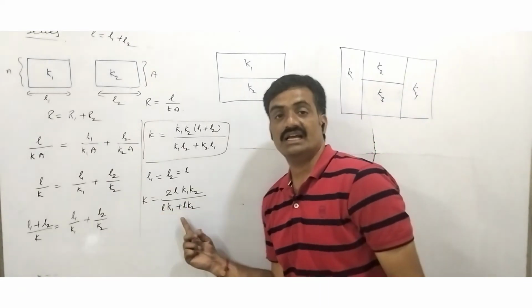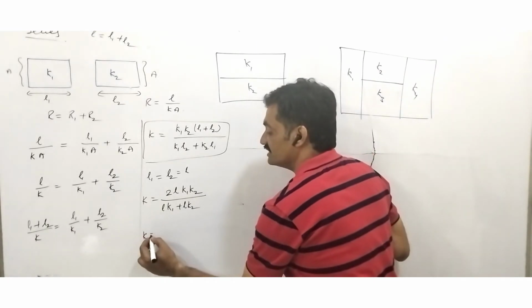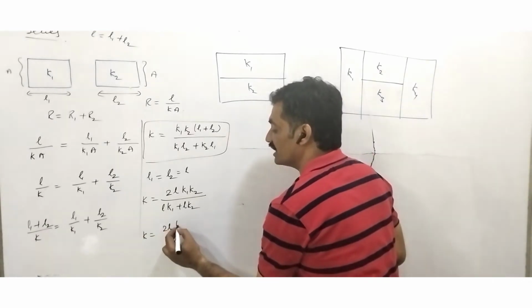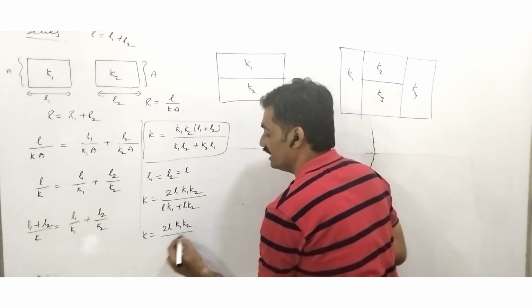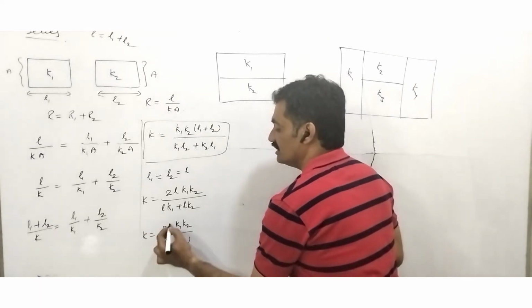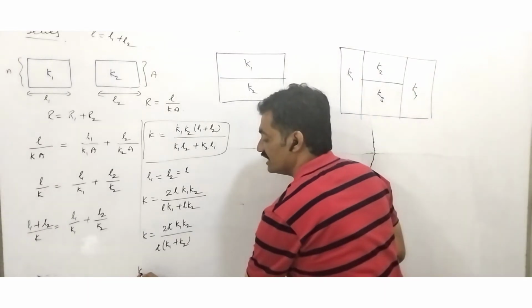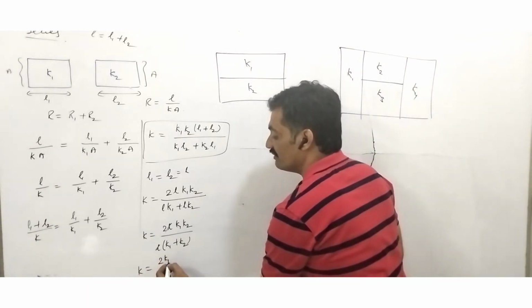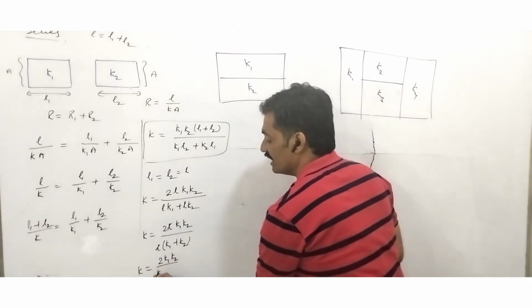Here we can take L as common, so K equals 2L into K1 K2 by L into K1 plus K2. Here L gets cancelled, so we get K equals 2K1 K2 by K1 plus K2.